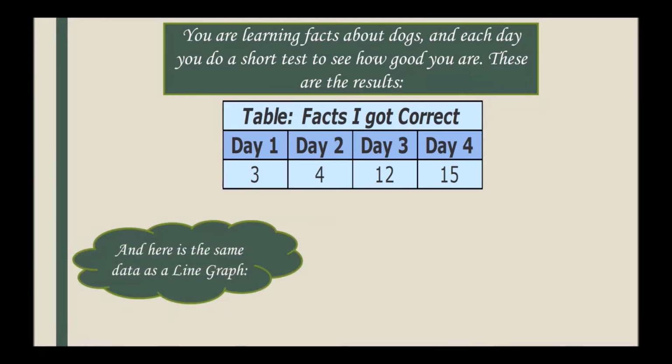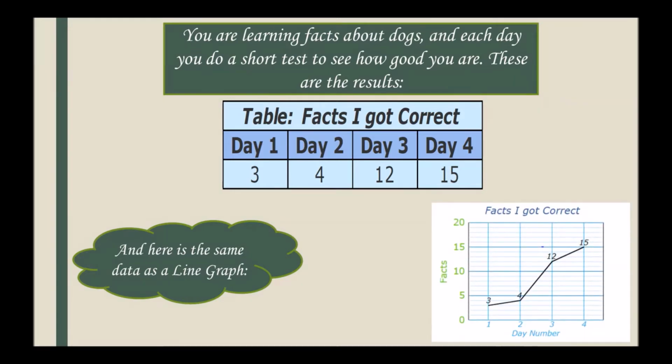And here is the same data as a line graph. So here are the facts, day 1, day 2, day 3 and day 4, and the facts 3, 4, 12 and 15. So the same data we have shown here as a line graph.